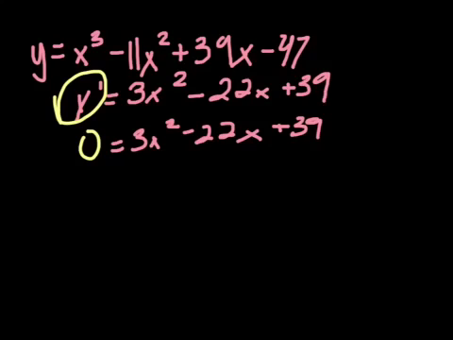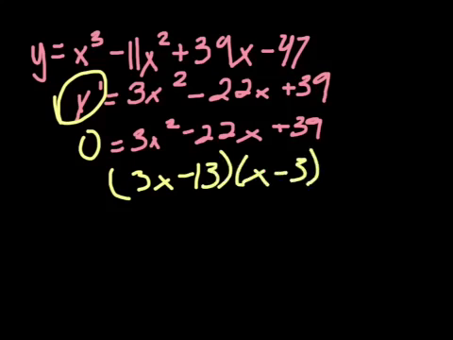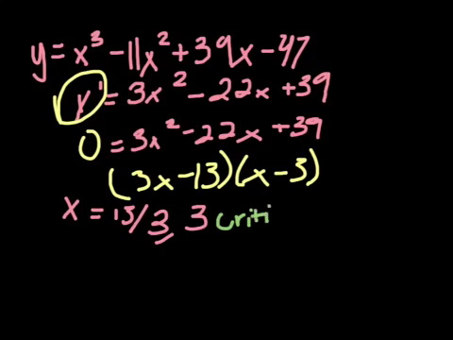So then we'd get (3x minus 13) times (x minus 3). And then our x's will equal 13 over 3 and then 3. These are our critical numbers.